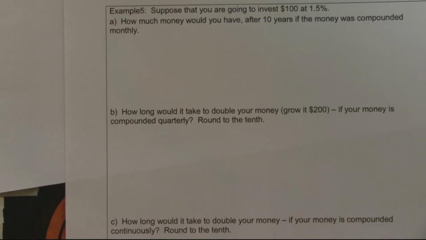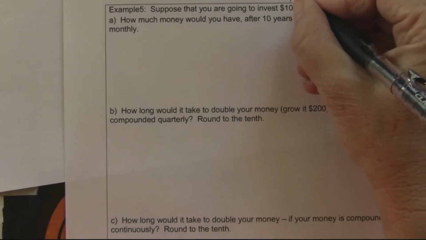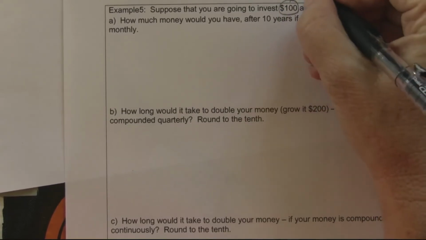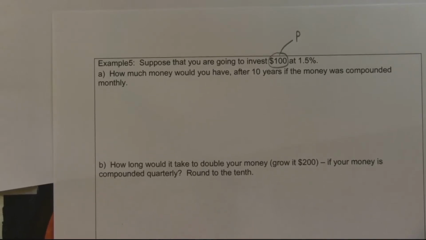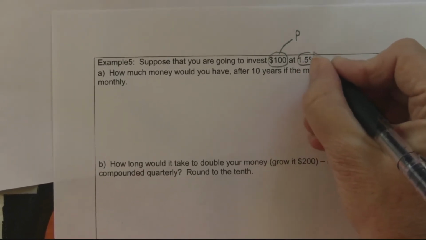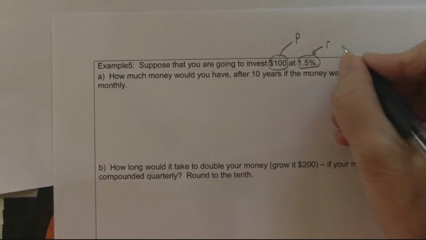I'll write out the formula and we'll use it. It says, suppose that you're going to invest $100. So this $100 is the amount that we're going to invest, and that is called the principal. So we're going to name that P. And then the 1.5% is the interest rate, but I need to write it as a decimal.